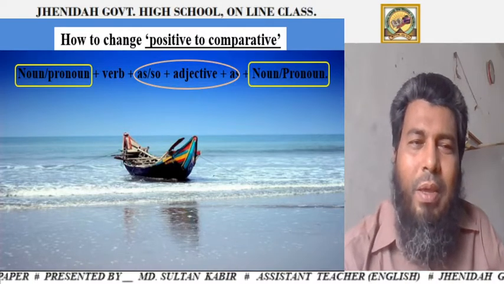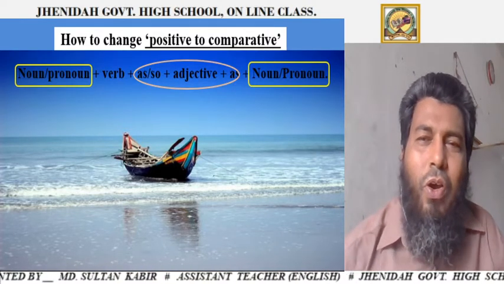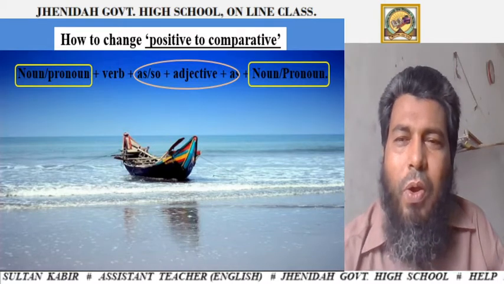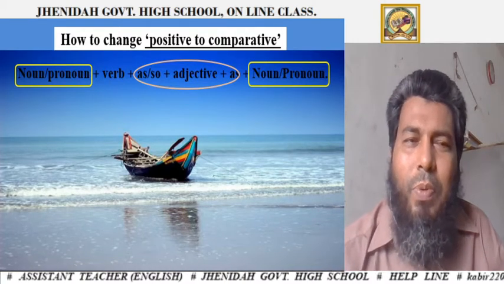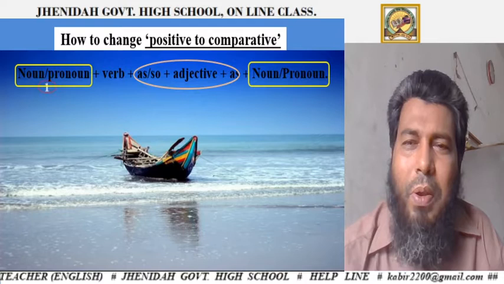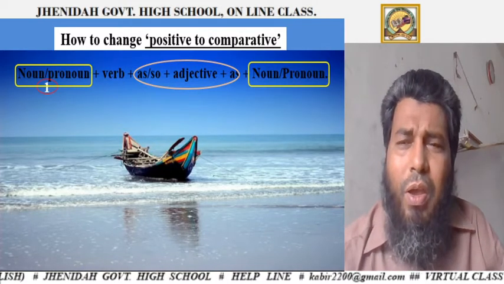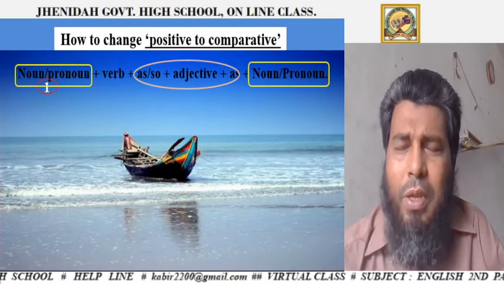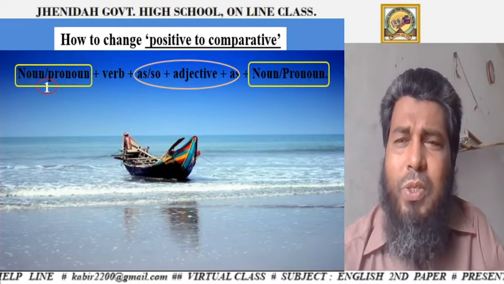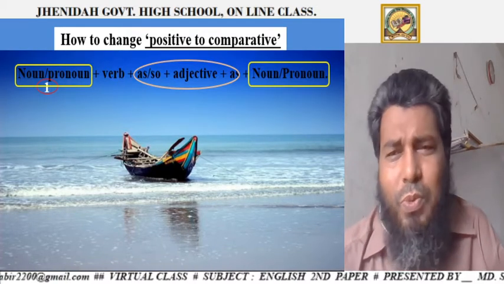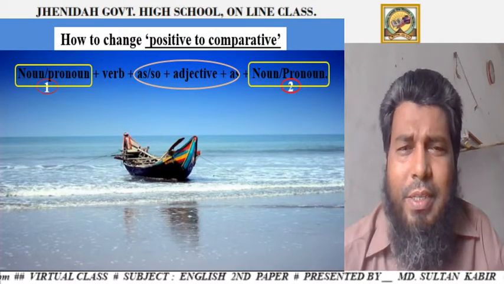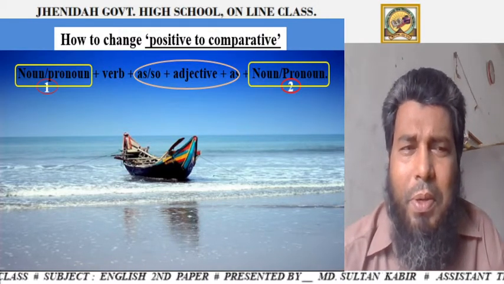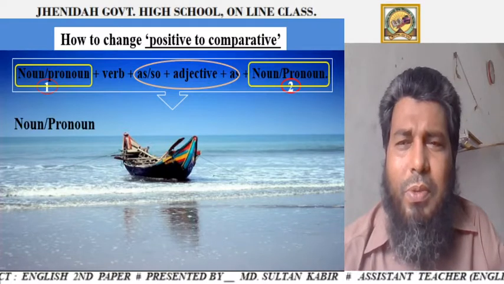This is the main speciality of the positive degree. Okay, now how can we change this positive degree to a comparative one? It is our pattern, and it will help us. The first noun or pronoun is number one, and the second is number two. You should remember it. Now, the rules.